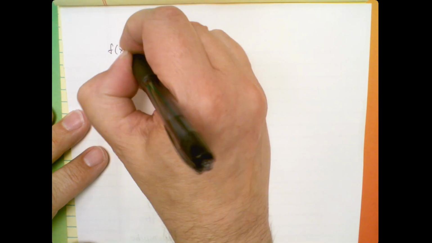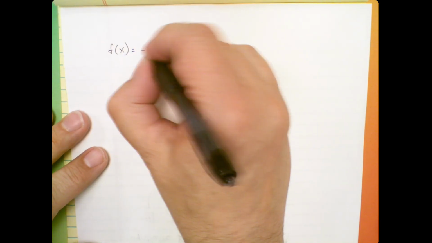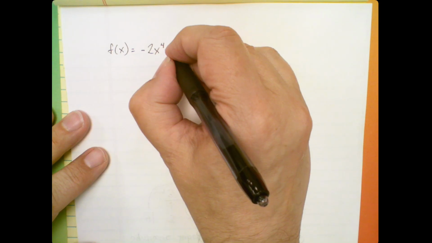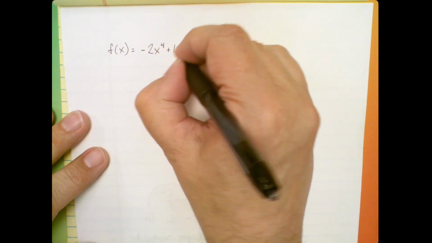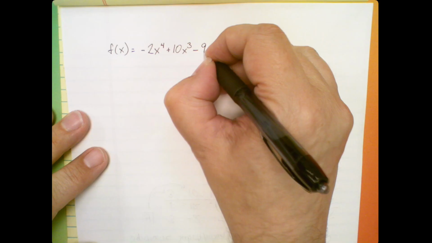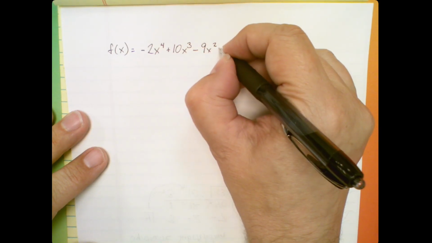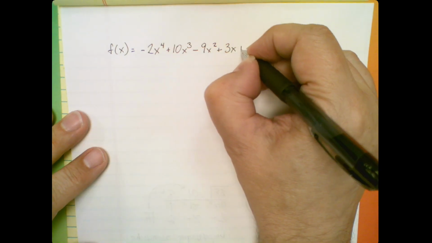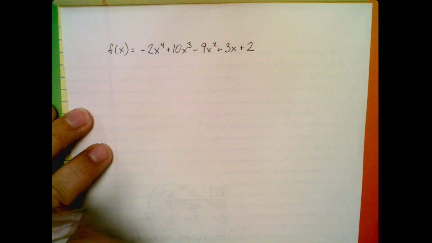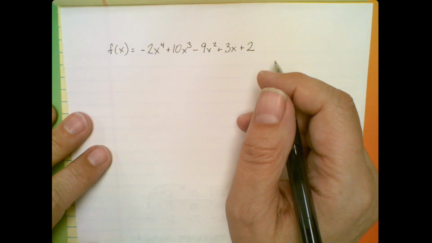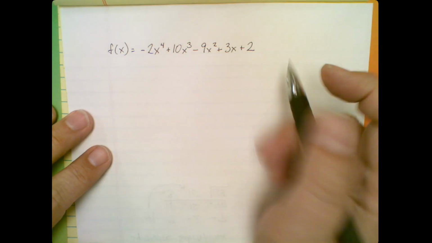I'm going to take the function f of x equals negative 2x to the fourth plus 10x to the third minus 9x squared plus 3x plus 2. And I want to evaluate this, let's say, when x is equal to, let's do negative 3, right?